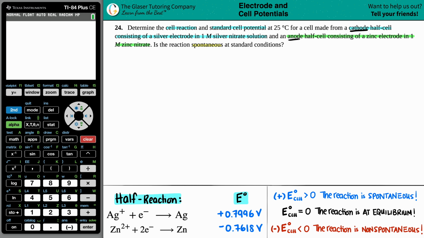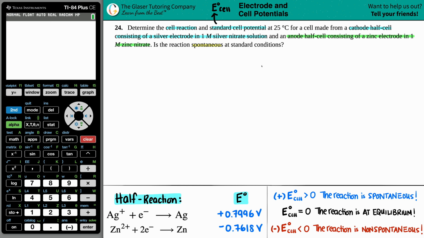Thank goodness. Now, cathodes and anodes have to deal with cell potential. If we're trying to find a standard cell potential, that is an E cell value. The notch at the top just means that we're at standard state conditions. And they keep saying standard, right? Standard cell potential, standard conditions.